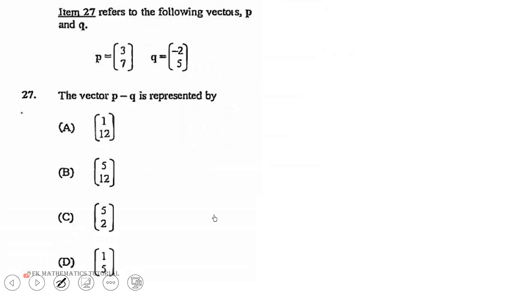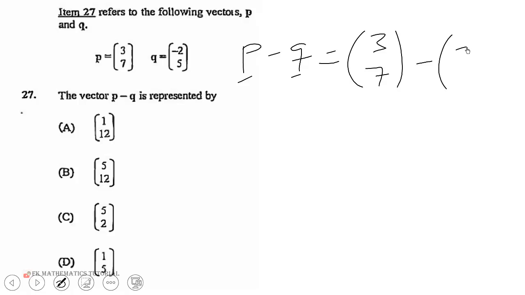Item 27 refers to the following vectors P and Q. The vector P minus Q is represented by vector P minus vector Q, which will be equal to (3, 7) minus (negative 2, 5).